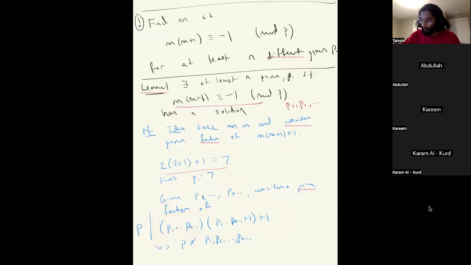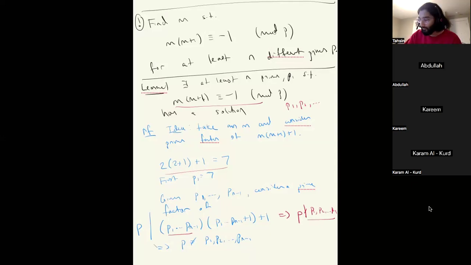And the point is, what is the key idea? The key idea is this means P does not divide P1 or P2 or any of these, because P divides a multiple of something times plus 1, it cannot divide any of these.